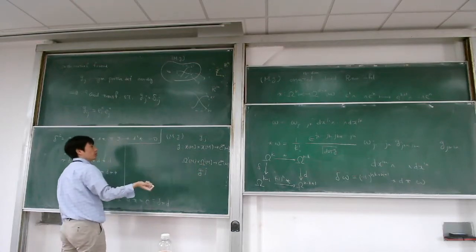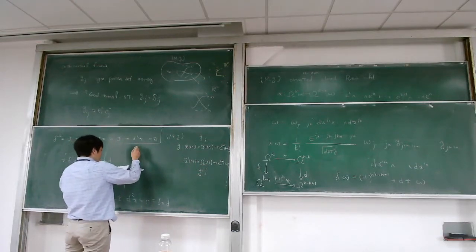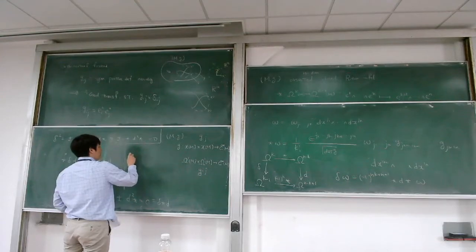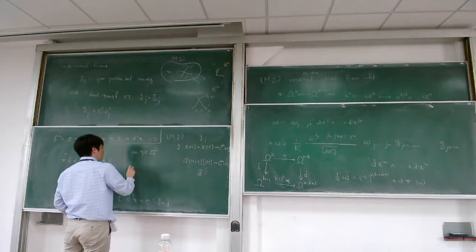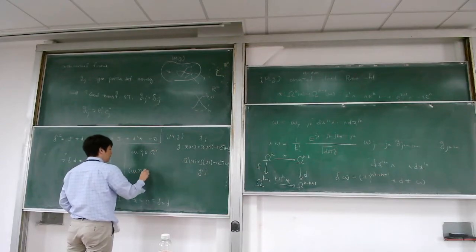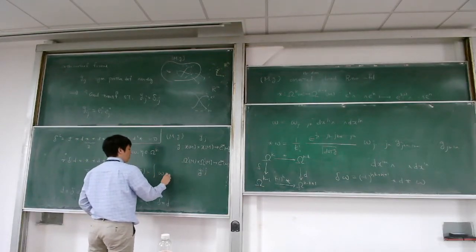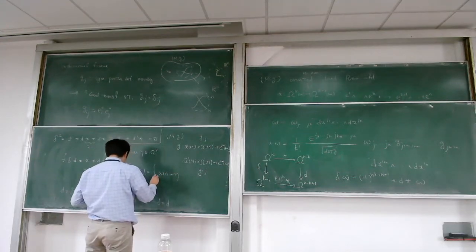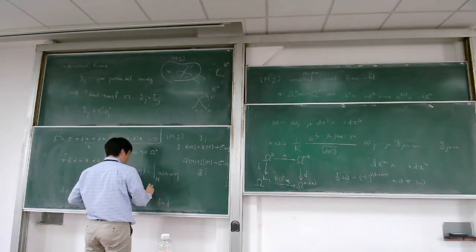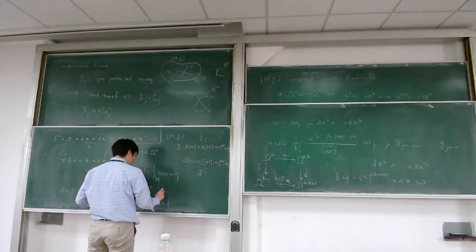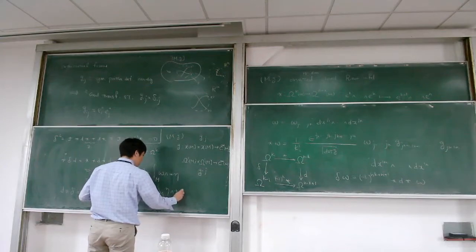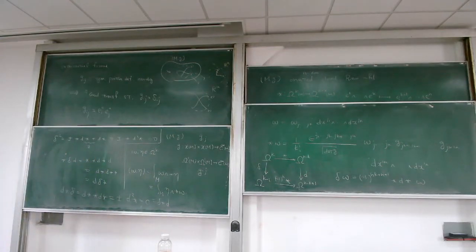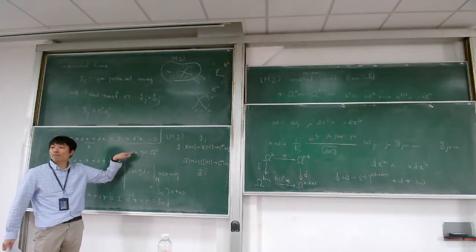But if you introduce the Hodge star, for omega and eta k forms, the inner product is just the integral of omega wedge star eta. Or if you use the usual convention, this is also this one. So this is the inner product between k forms.